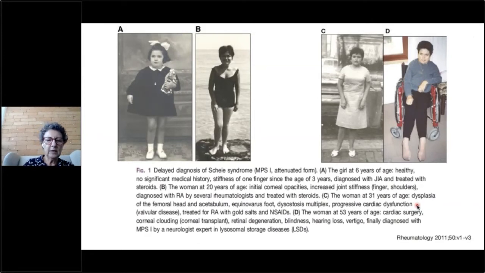In picture B, the woman at 20 years old has initial corneal opacities, increased joint stiffness in fingers and shoulders, and was diagnosed with rheumatoid arthritis by several rheumatologists and treated with steroids.